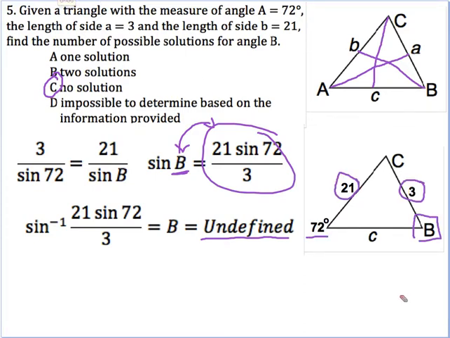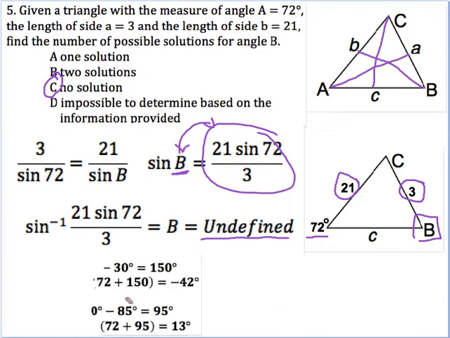Okay. But what if, instead of getting undefined, let's say I got 30 degrees for B? Well, then I know that I can have one possible triangle. So I could have one solution, but I may have two different solutions.